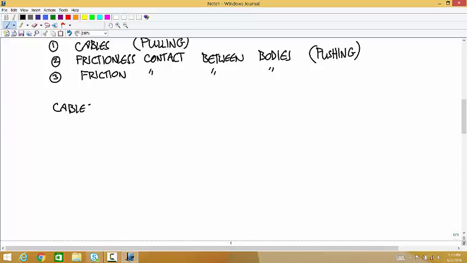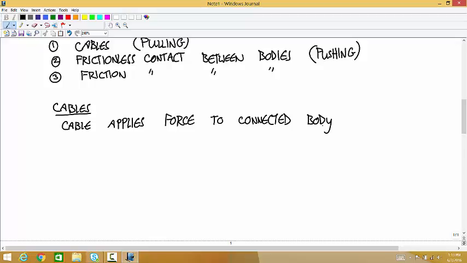Okay, so cables. A cable applies a force to a connected body first parallel to the cable, and second away from the chosen body.